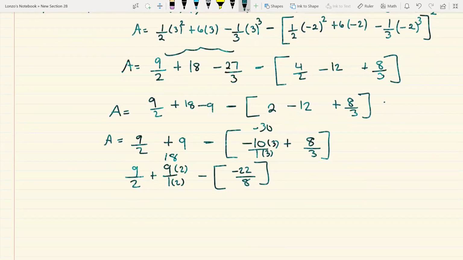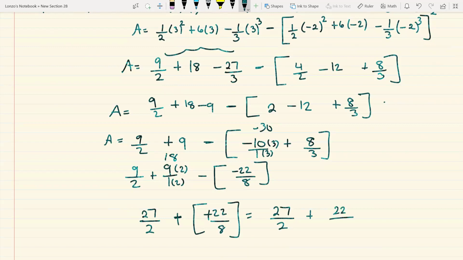So 18 plus 9 is 27/2, minus -22/3. Two negatives become a positive, so that is 27/2 plus 22/3. Whoops, why did I put an 8 here? This should be a 3.